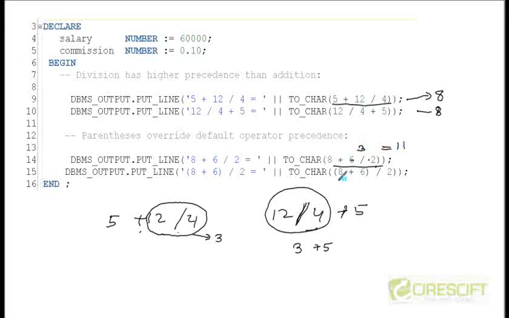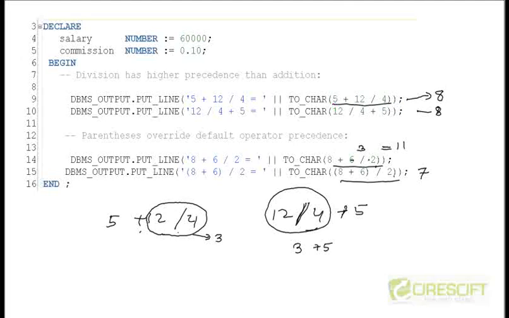Once you add a parenthesis, the parenthesis takes the first priority. That means in this expression, 8 plus 6 is evaluated first and then divided by 2. So 8 plus 6 is 14, divided by 2 is 7. It looks like the same expression, but because of the parenthesis, things change. These are examples of the arithmetic operator used to build an expression.